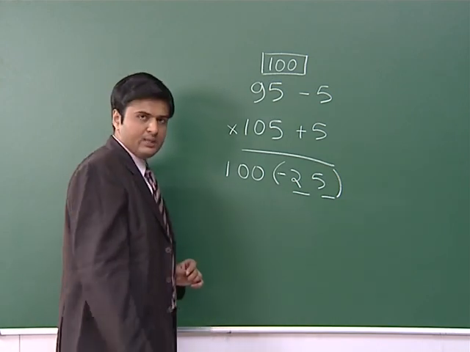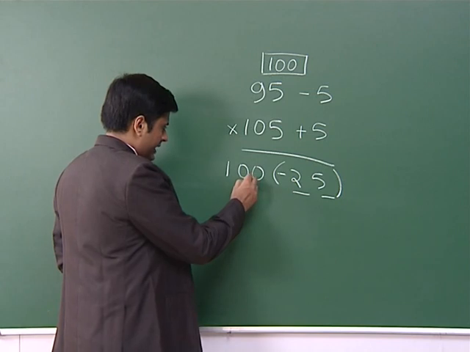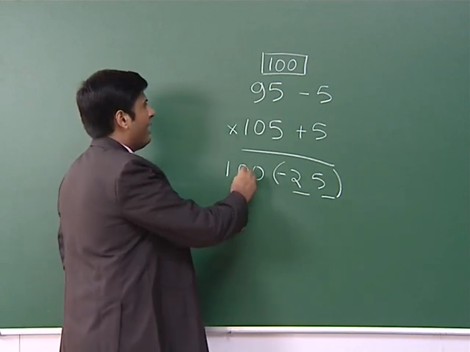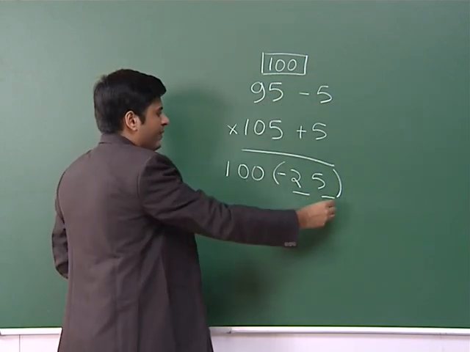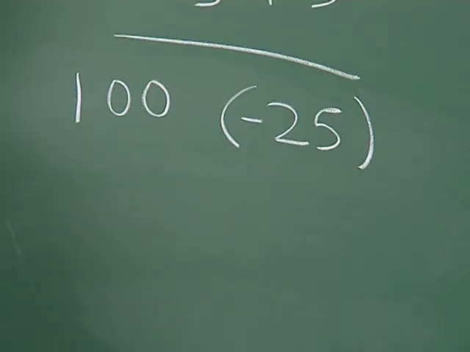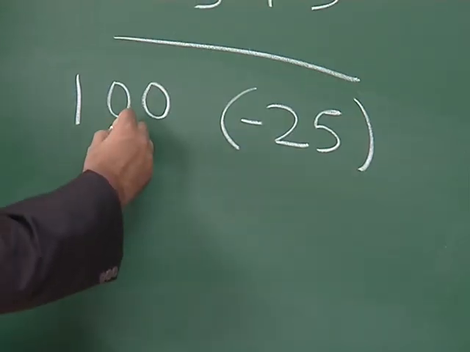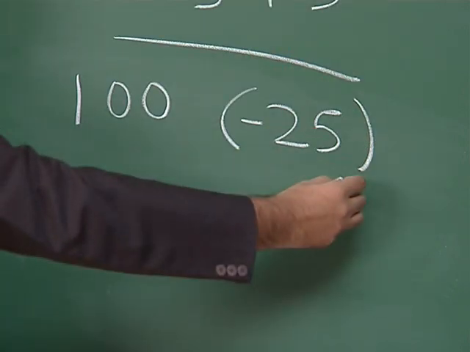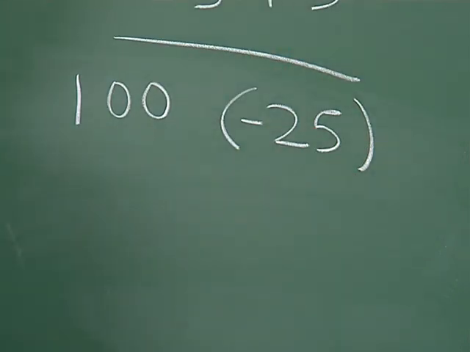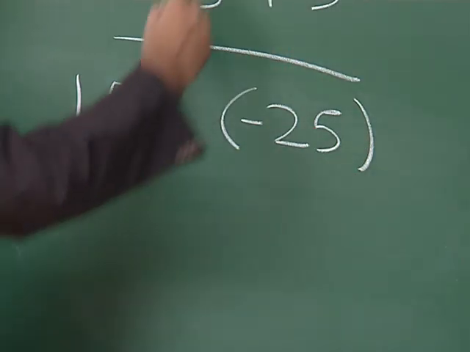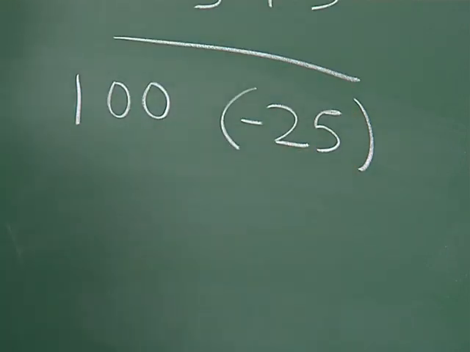So what you do is very simple. Take the left hand side, multiply it by the base, and then subtract the right hand side. Let us see how that is done. Here we have 100, we multiply it by 100, then remove 25.